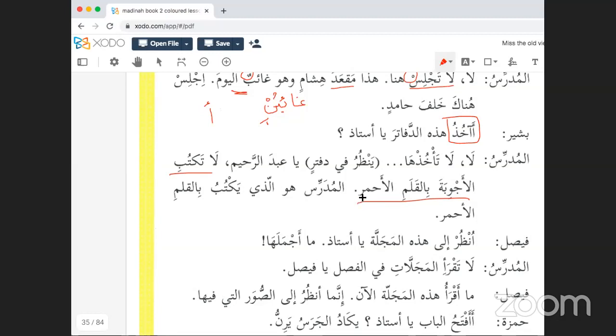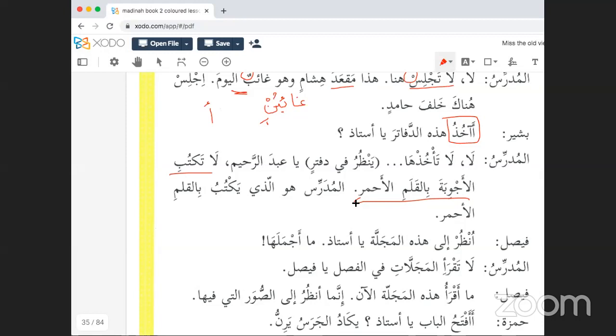Red pen. Why does al-ahmar over here have a kasra, even though ahmar is mamnu' min al-sarf? Bil-qalam al-ahmar. Because of the alif wal lam.